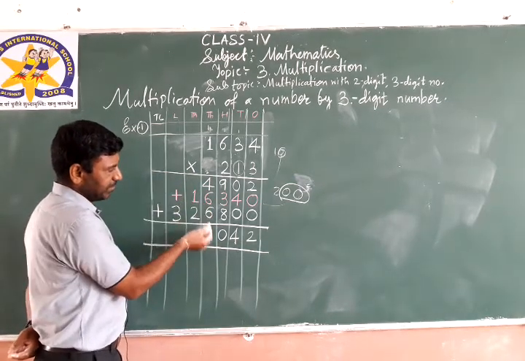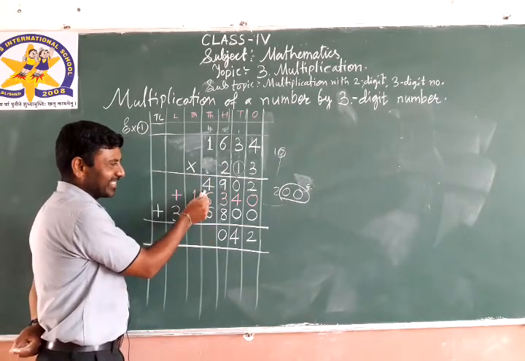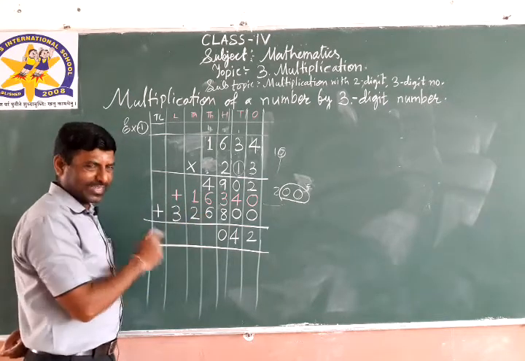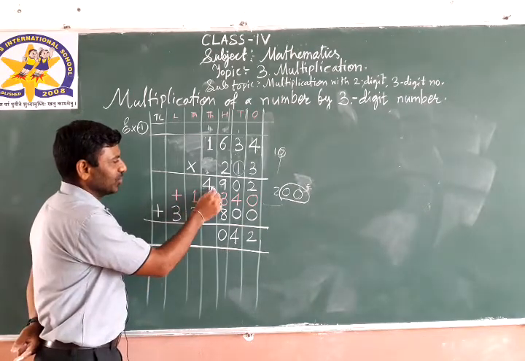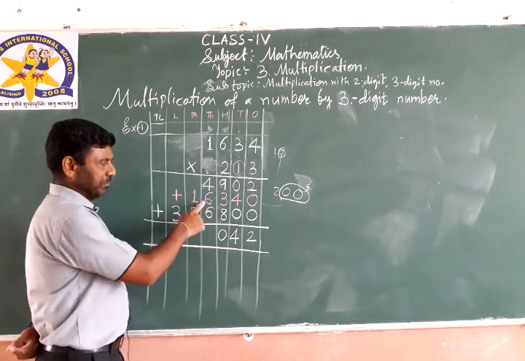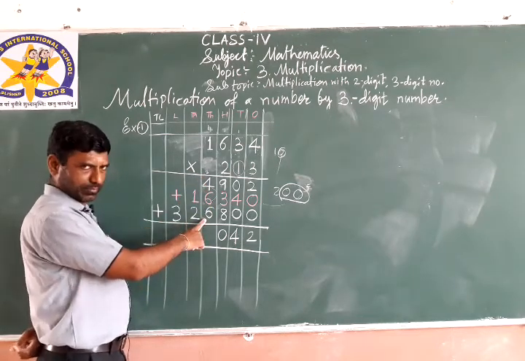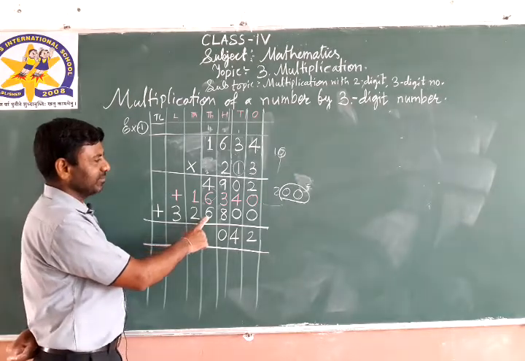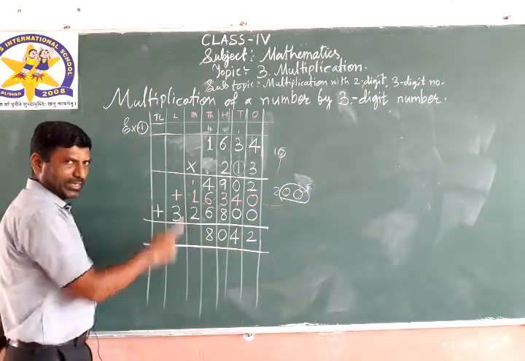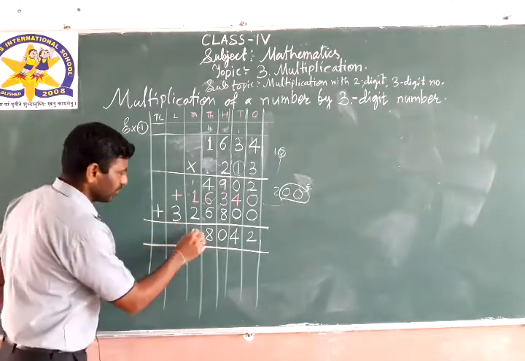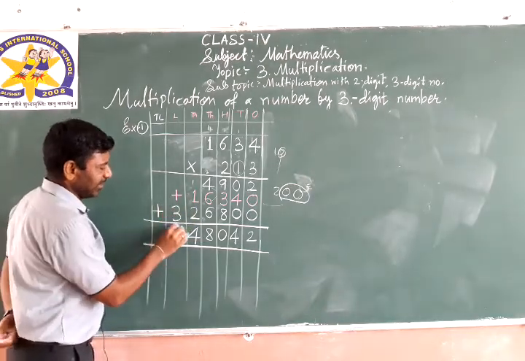Then see here, 4 plus 2, 6. 6 how many times? 6 6 6. 6 3s are 18, or else add these two. 6 plus 4, 10. 10 plus 2, 12. 12 plus 6, 18. So 6 3s are 18. 8 carry 1. 1 plus 1, 2. 2 plus 2, 4. Or else 2 plus 1, 3, 3 plus 1, 4 and 3 stays 3.